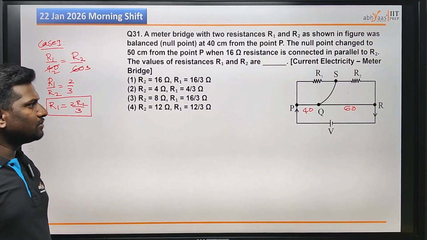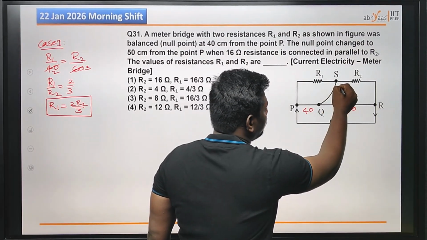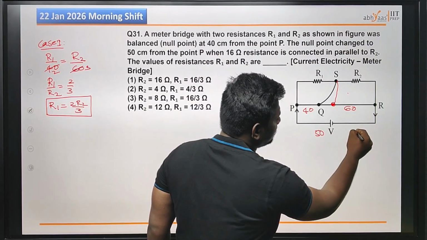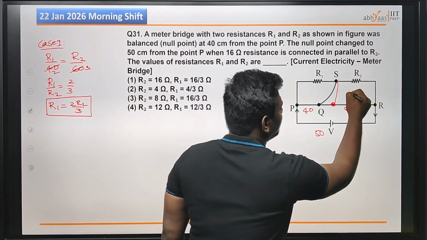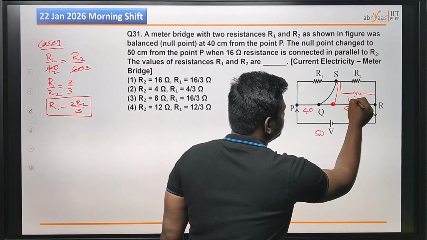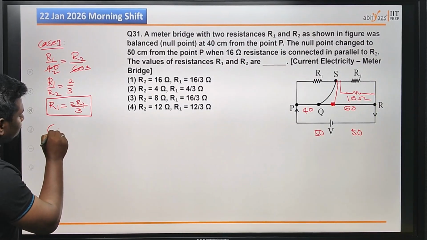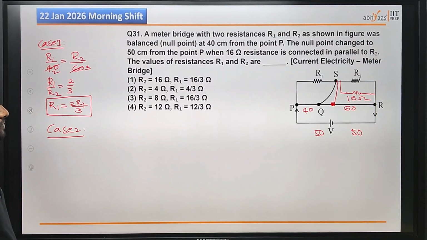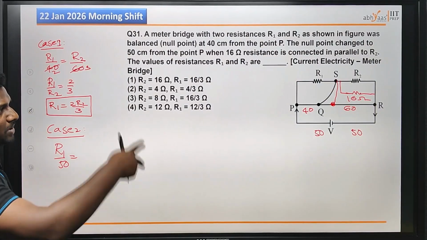What is the second case? The null point is changed to 50. The second case is 50 centimeters and 50 centimeters. So what is the condition here? R2 is in parallel with one more resistance, that is 16 ohm. So see here case 2. R1 by 50 equal to the parallel combination.